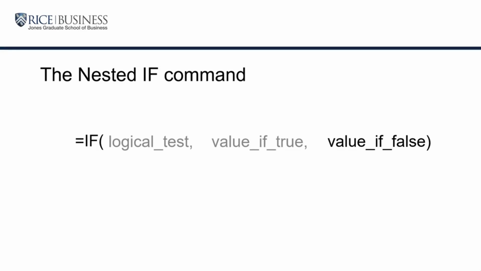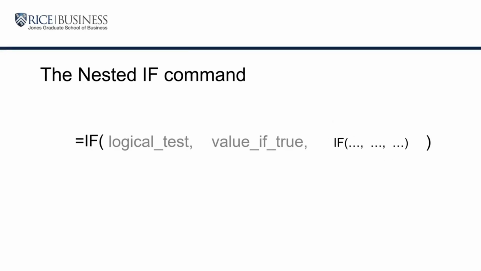But what makes it a nested if command is that now, instead of putting in a value if false, or for that matter, value if true, rather than putting in values there, I would execute yet another if command. So for example, in this case, instead of putting in a value if the logical test is false, I would replace it with yet another if command.